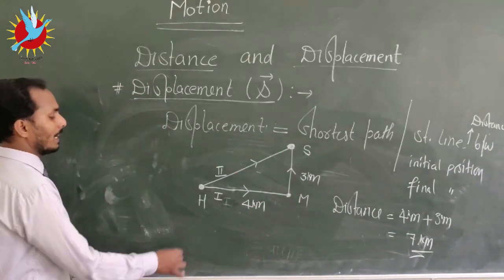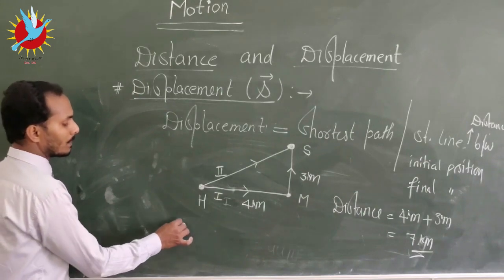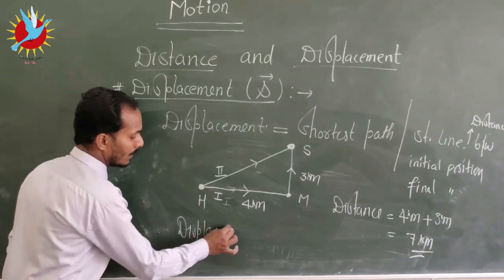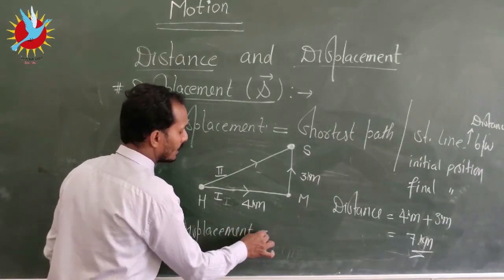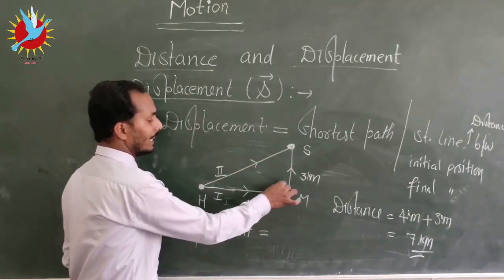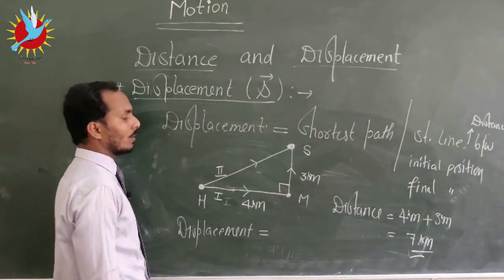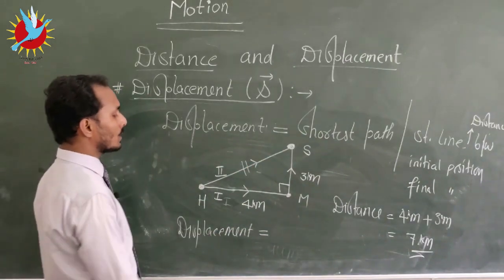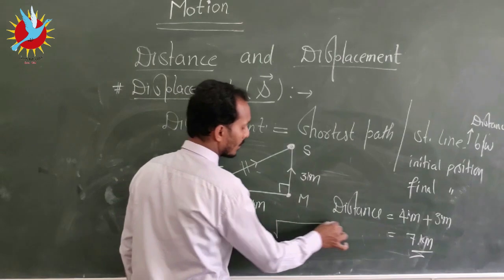Now what is displacement? Displacement means the shortest path. The shortest path is this. This is a right angle triangle, so firstly you calculate this path. How can you calculate this path? By using the Pythagoras theorem.